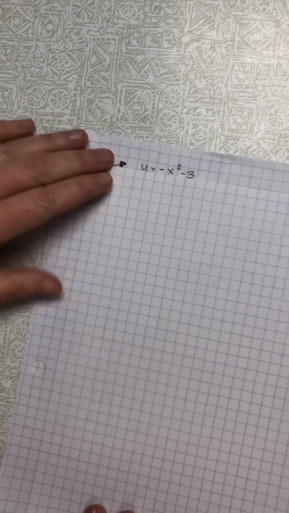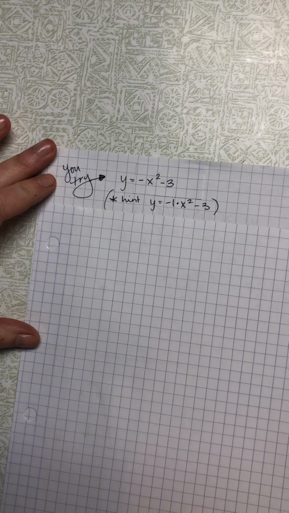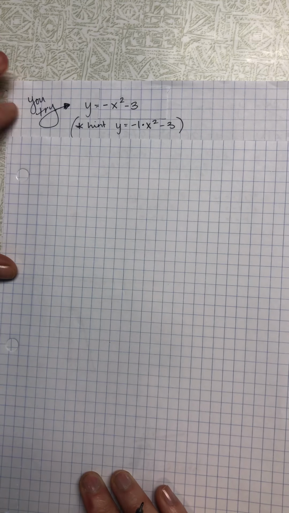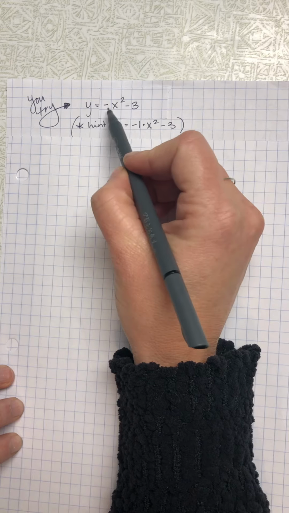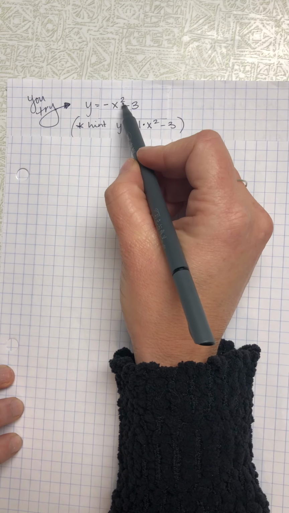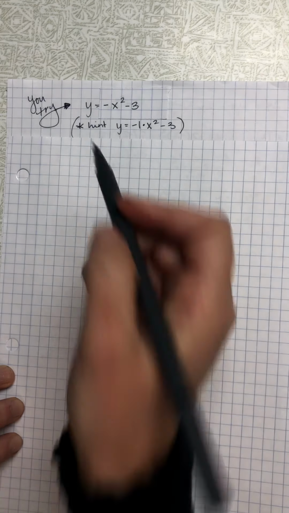You guys ready to try one? Here's your next you try. I've left you a hint. Y equals -x squared plus 3. So you need to start with your xy table.